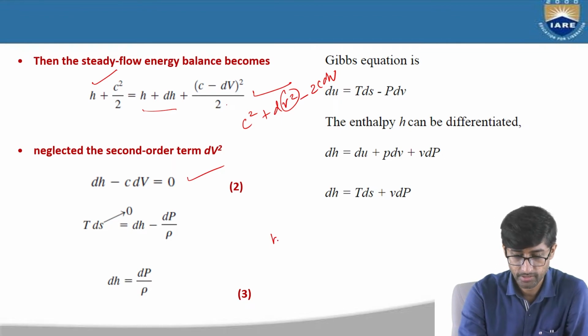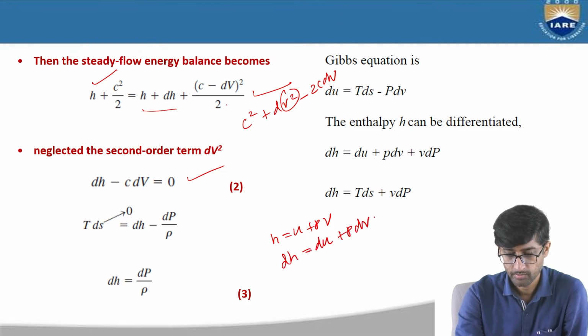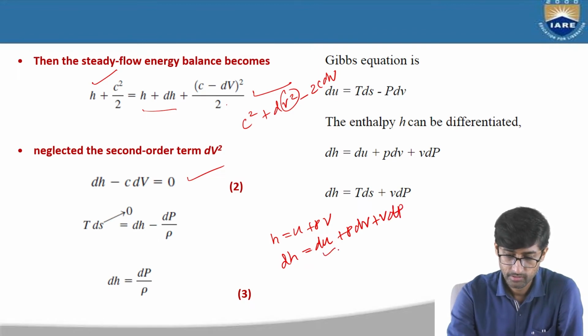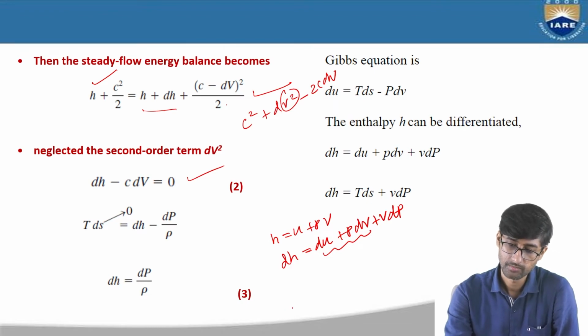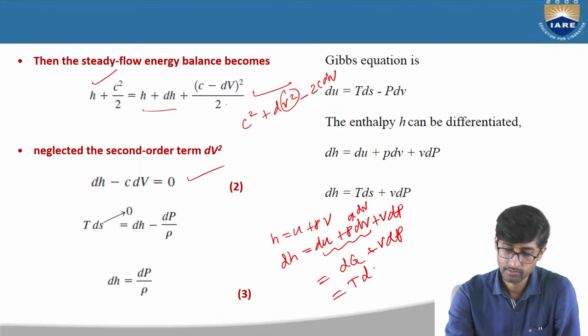And we know that h is equal to u plus pv. What is dh? It is equal to du plus p dv plus v dp. Here p dv is the work transfer, so du plus dw equals dq, which is T ds, plus v dp.